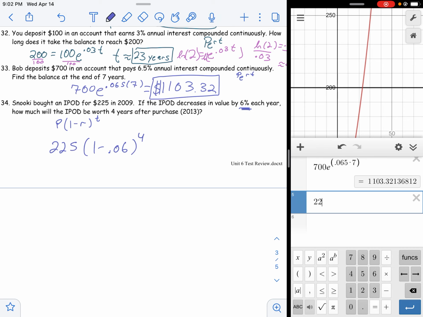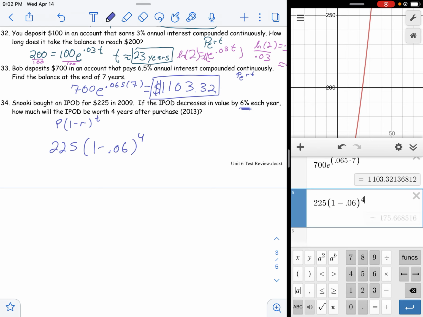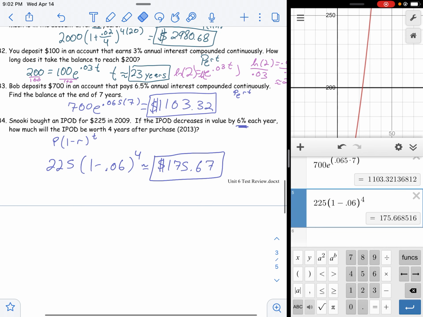So we can just type that in, 225, parentheses 1 minus 0.06, close parentheses raised to the 4th power. So it's going to be approximately $175.67.